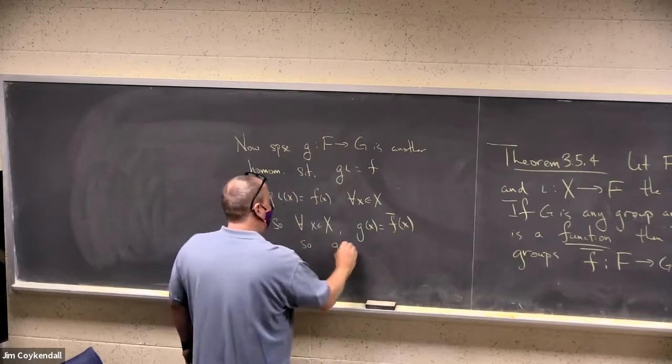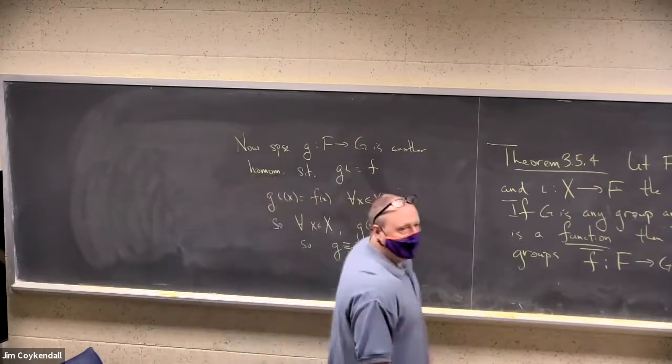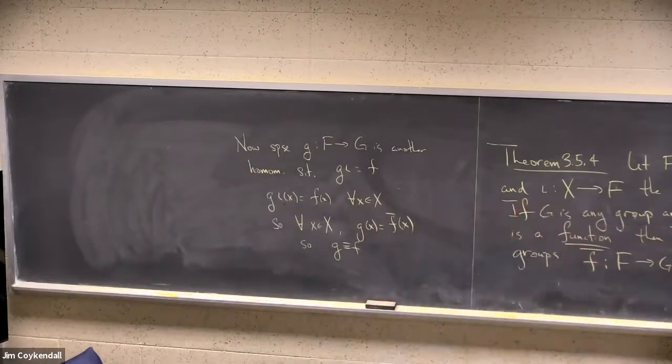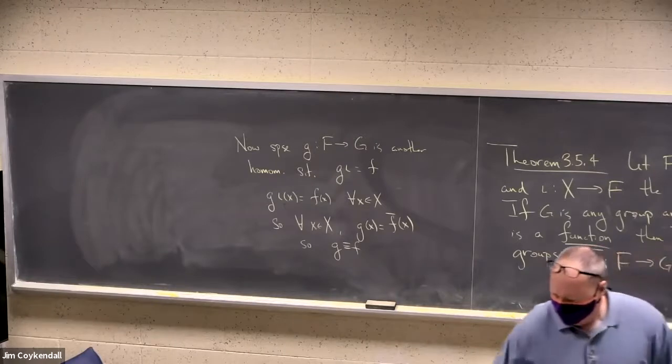So g is identically f bar, because g and f bar are both homomorphisms and they agree on all the generators. And so using the homomorphism property, they have to agree everywhere. Okay.